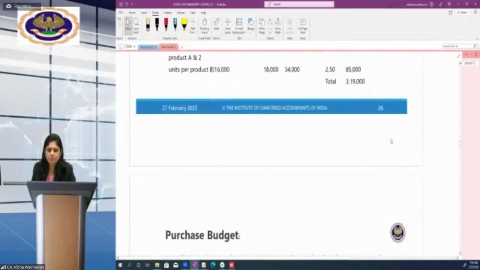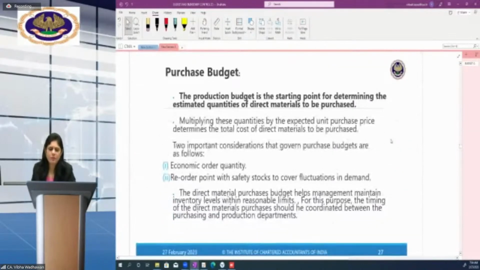The raw material purchase budget tells us how, how much and when to purchase. Economic order quantity tells us how much to purchase, and the reorder point tells us at what point of time we need to make a fresh purchase.